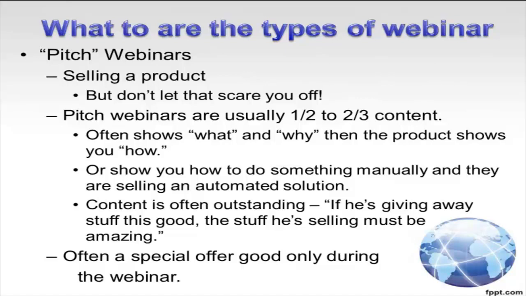Sometimes they will show you ways to do things manually. For example, building backlinks, how to find good places to, for example, leave blog comments. And then the product that they're selling might be an automated solution. An excellent example, I recently attended a webinar with Brad Goss, and the webinar was about creating traffic using images.